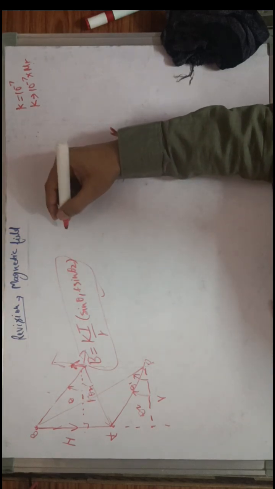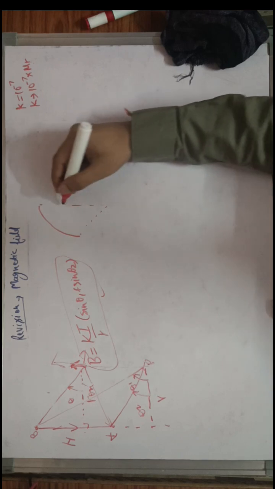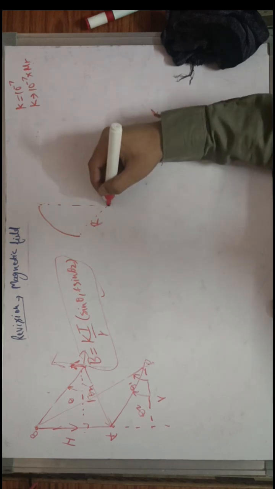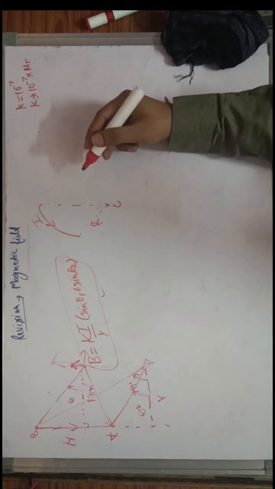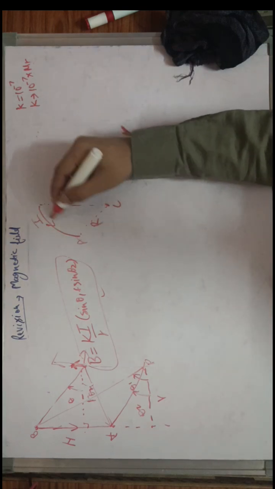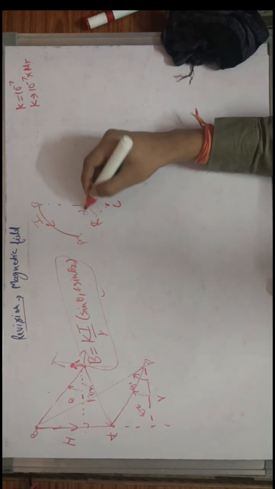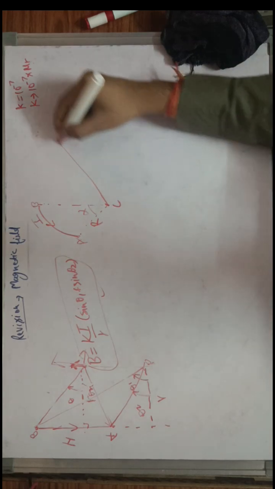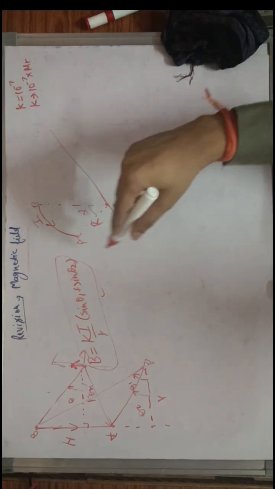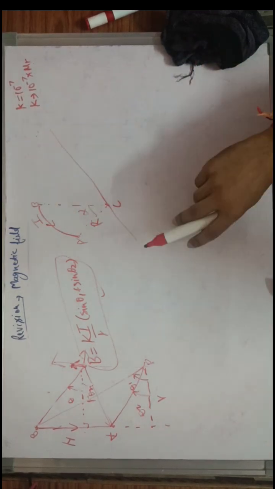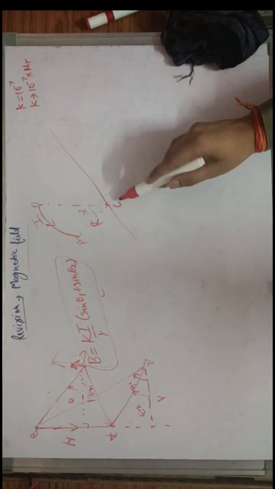Now the other case of magnetic field: let's say there is an arc of radius r, and this is the center point of this arc, and a current I is flowing in this arc from A to B. This is arc A to B, and let's say this angle is alpha, and there is an axis passing through this center point, which is perpendicular to the plane of the circle.